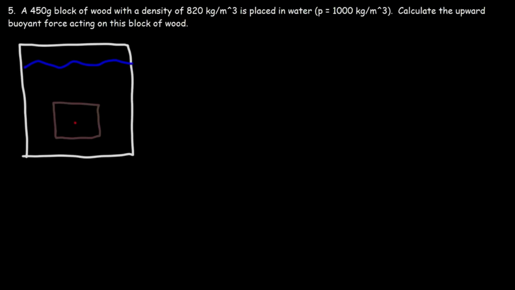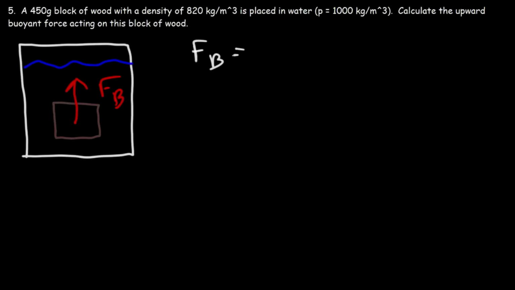The reason why it floats is because there's an upward buoyant force acting on this object. Now, according to Archimedes' principle, the buoyant force on an object immersed in a fluid is basically equal to the weight of the fluid displaced by the object.